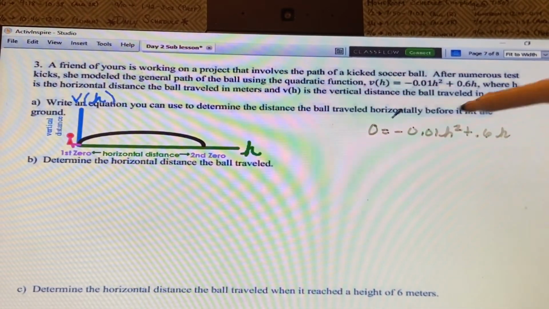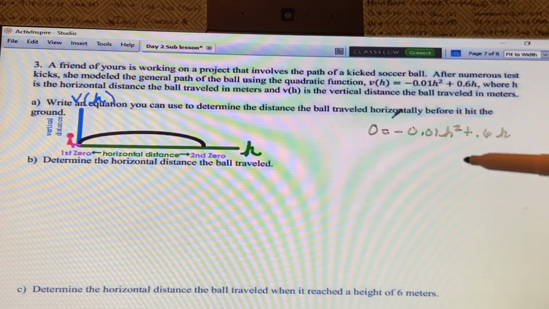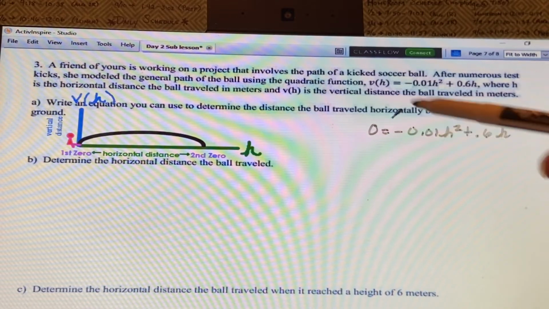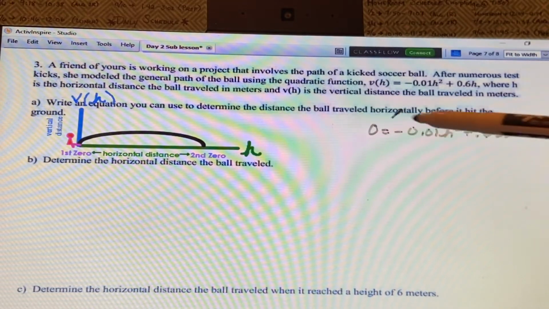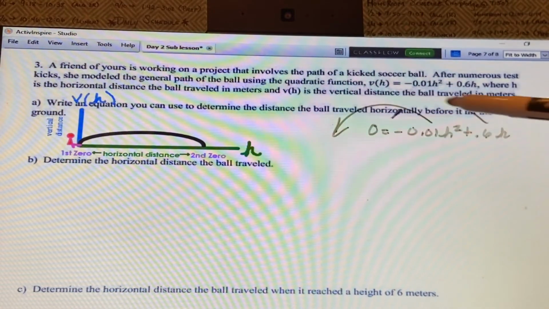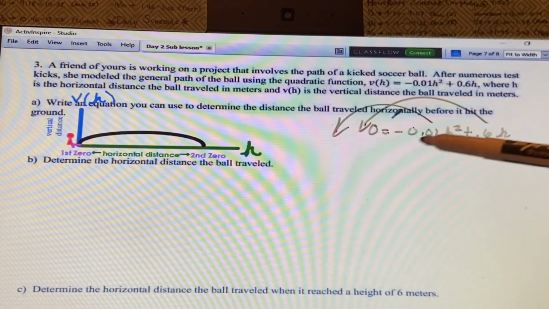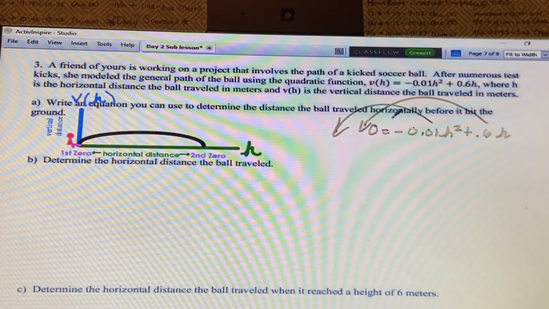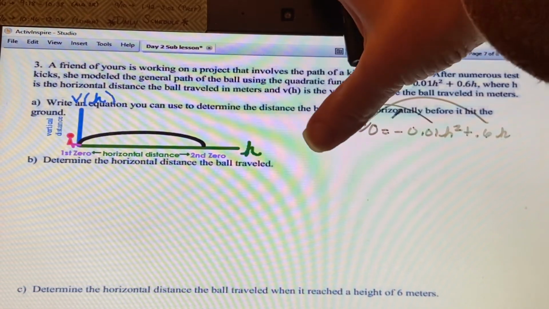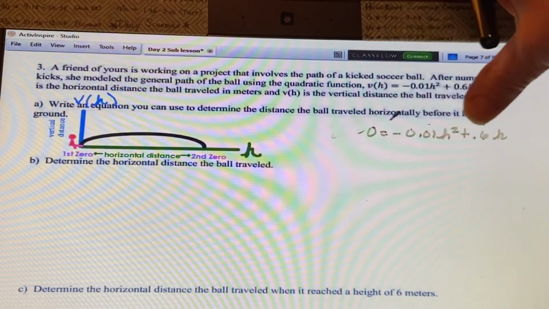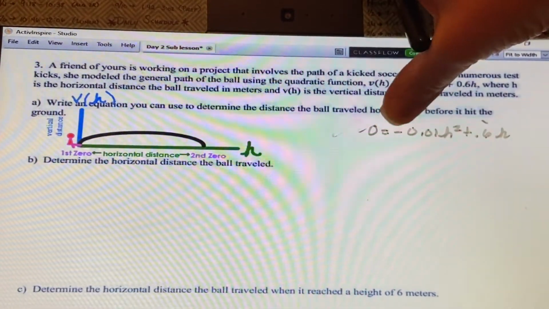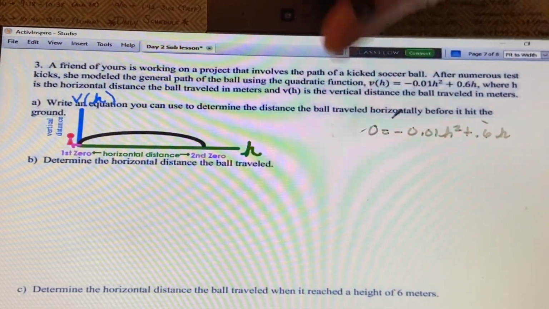And if you don't like working with a negative a value, you could think about this and change everything over to the other side. So you could bring this over here, and you could bring this over here. If you did that, this would turn into a positive, and that would turn into a negative. But the quadratic formula really doesn't care, so I don't either.